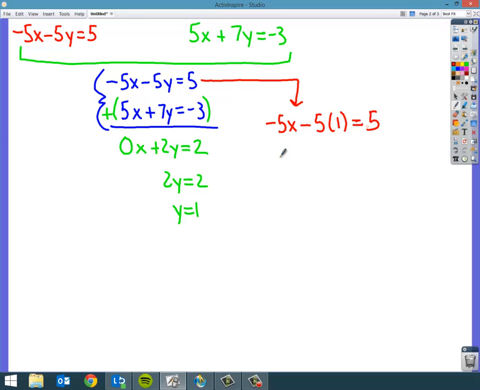And let's clean this up a little bit. So we've got negative 5x minus 5 equals 5. Add 5 to both sides, so we get negative 5x equals 10. Divide both sides by negative 5, and x equals negative 2.